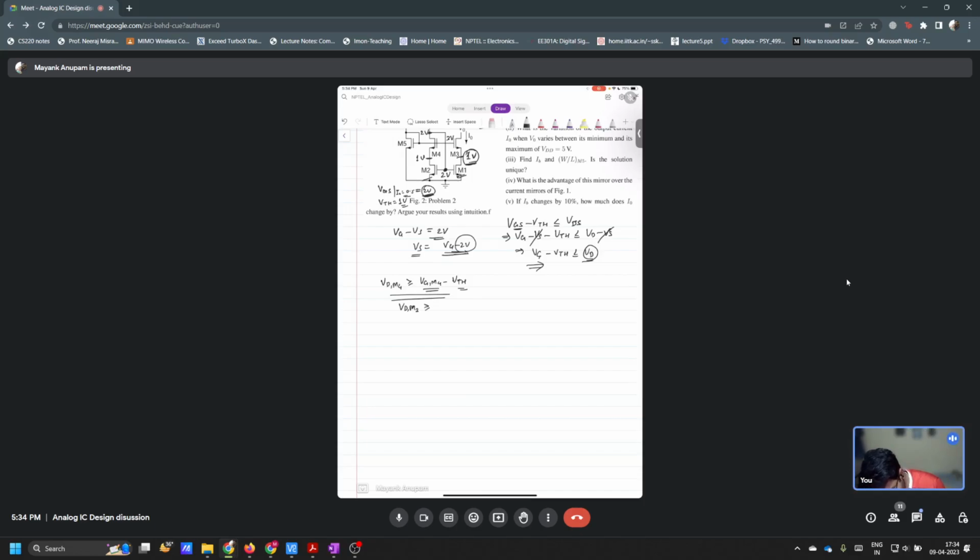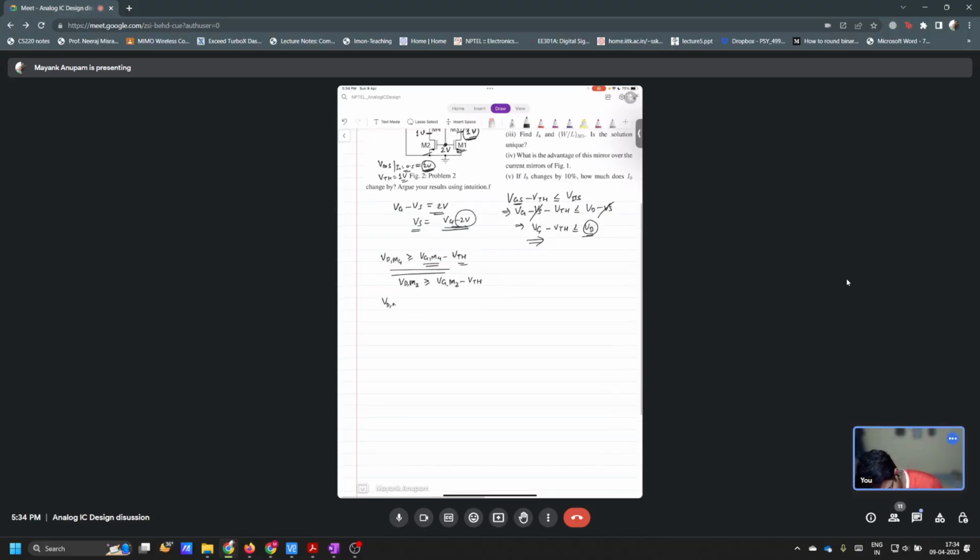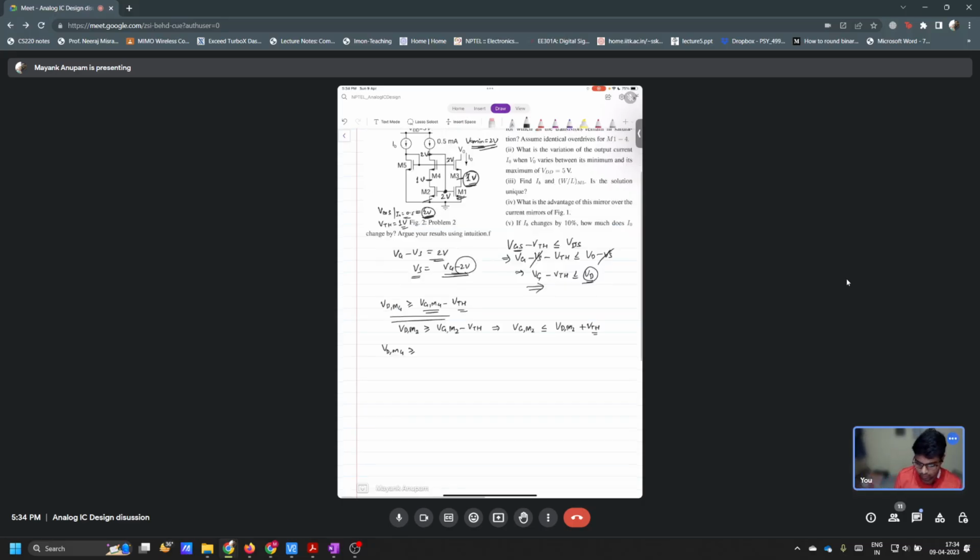It has to be greater than or equal to VG of M2 minus VTH, correct? So clearly VD of M4 has to be greater than or equal to, if you put these constraints here, VG of M2 should be less than or equal to VD of M2 plus VTH, correct?